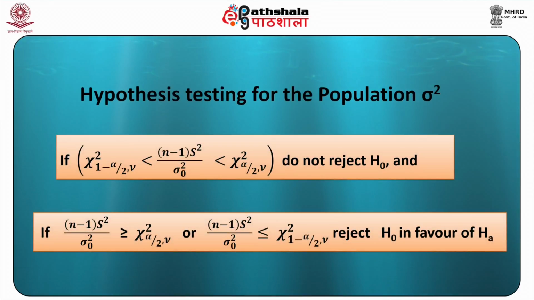And if it is equal to or lies beyond these two limits in either of the directions, null hypothesis is rejected, which is similar to our earlier examples of t-test, etc. The non-rejection and rejection ranges are therefore given by our formulas, which I don't want to repeat again and again, and I'm sure you understand that we do not reject the hypothesis if it is within the range, and we reject H0 in favor of H1 if it is outside the range.